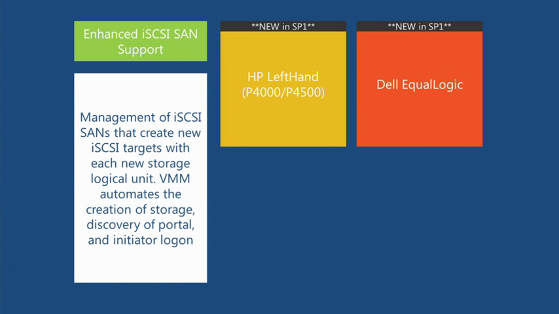There were scenarios where for certain arrays, every LUN would have its own target, and it would require that the initiator be logged on to that target. VMM used to think of it as just a single target for all the LUNs, and we'd expect to be accessing any single LUN through that target. What's changed in this release is that we are now aware of dynamic targets, and we'll automatically log on the initiators into the right set of targets and make sure that we handle that correctly.